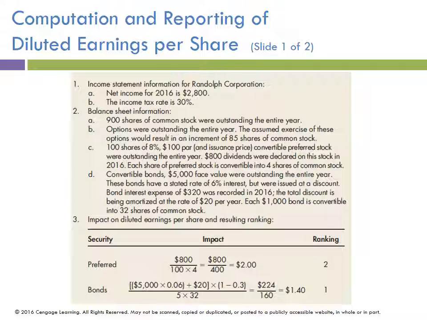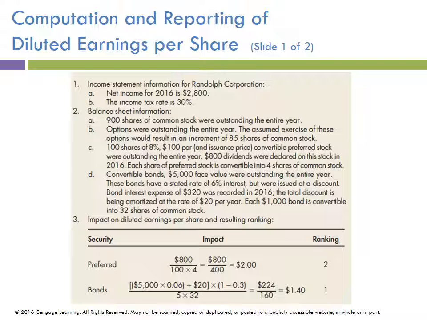If the tax rate is 30%, we would have 70% remaining. How many shares of common stock would have been included in our denominator? 160. So its impact on earnings per share just from that item is $1.40. So the bonds are the highest amount of dilution. The preferred stock is ranked second.